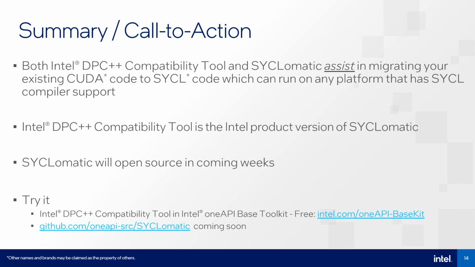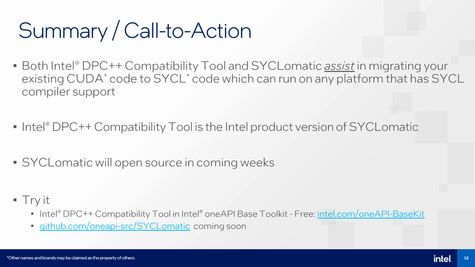Summary and call to action. Both the Intel DPC++ Compatibility Tool and SYCLomatic assist in migrating your existing CUDA code to SYCL code, which can run on any hardware that has SYCL compiler support.